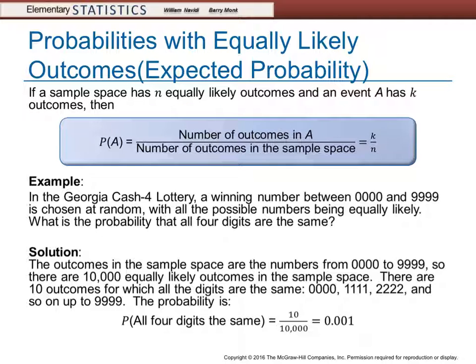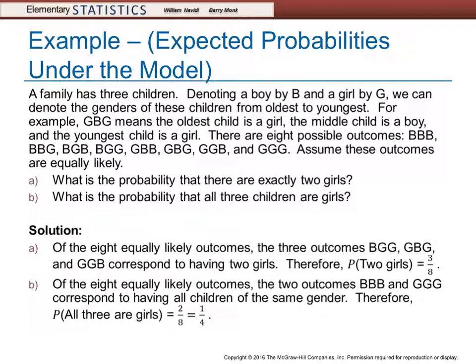Therefore, the probability of all 4 digits the same is equal to 10 divided by 10,000. And if we put it in decimal form, it's 0.001. So if the model has equally likely events to occur, we can create the expected probabilities under a model.